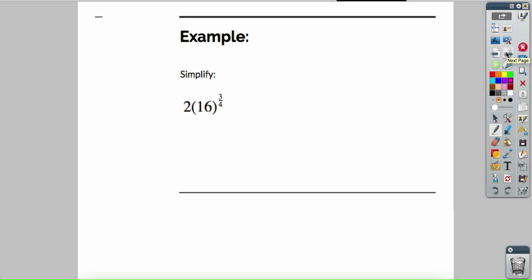Let's look at one last problem here and see if we can go ahead and simplify this one. So this time I have a 2, which is on the outside. It is not part of this exponent term. So inside the parentheses I have a 16, and it is to the 3/4 power. So I'm going to go ahead and write this 2.